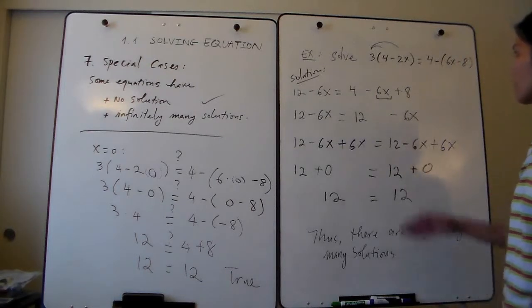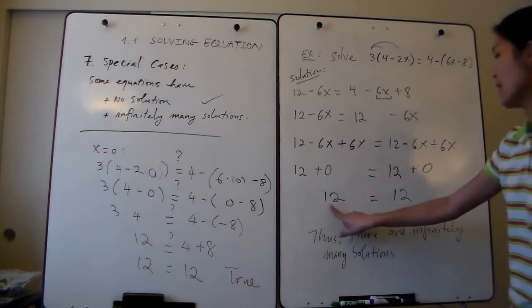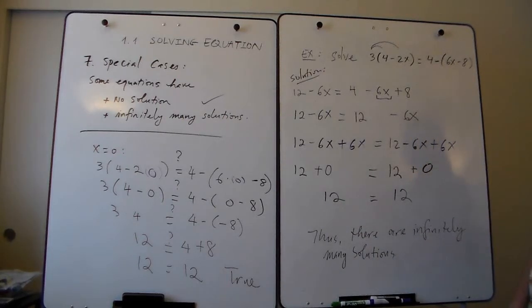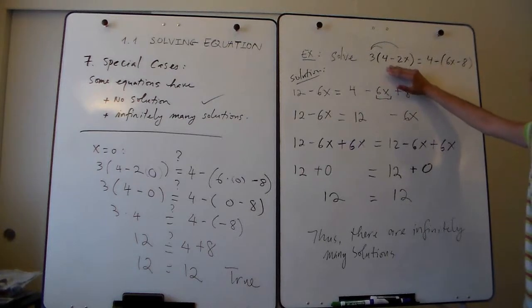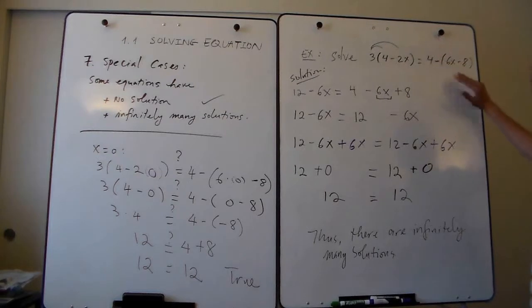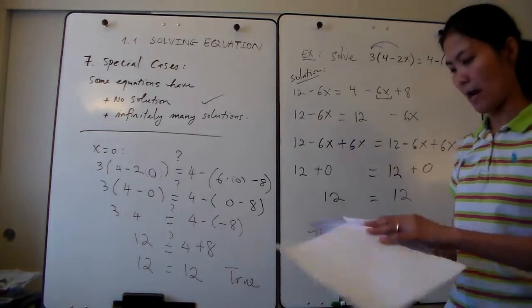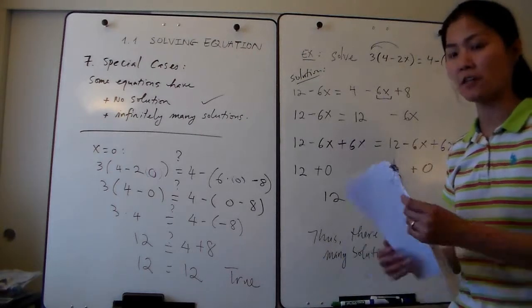And for this case, when you solve it, guarantee you'll get the left-hand side equal to the right-hand side. That means it doesn't matter what x you substitute into the original equation, guarantee the left-hand side equal the right-hand side. Okay?